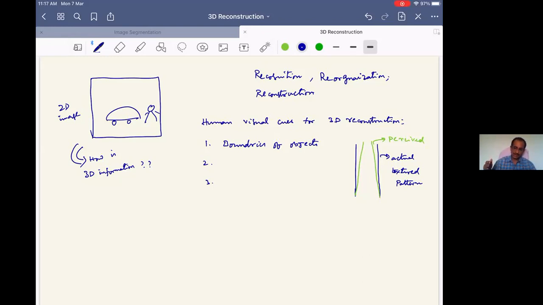A 3D object, when it is seen, the nearby things look a little bigger, farther things look a little smaller. The projective transformation helps us see that, and when there is a textured pattern, you can clearly see this kind of variation. So one clue is that even texture helps us recognize 3D information. Depth from texture, people call it.